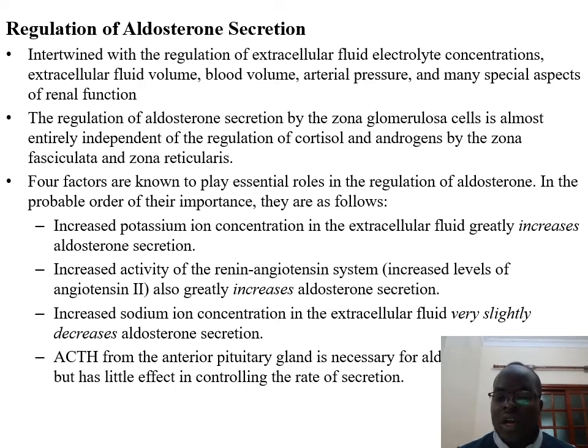The angiotensin 1 will be transported to the lungs and the kidneys, where you have angiotensin converting enzymes that will convert angiotensin 1 into angiotensin 2. The angiotensin 2 now will go to the zona glomerulosa to stimulate those cells to increase the production and secretion of aldosterone. Aldosterone secretion is going to increase under the influence of angiotensin 2.